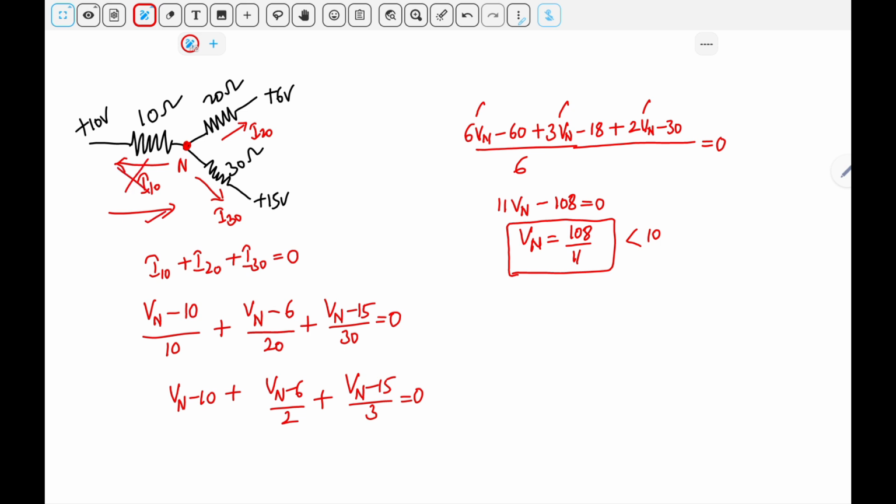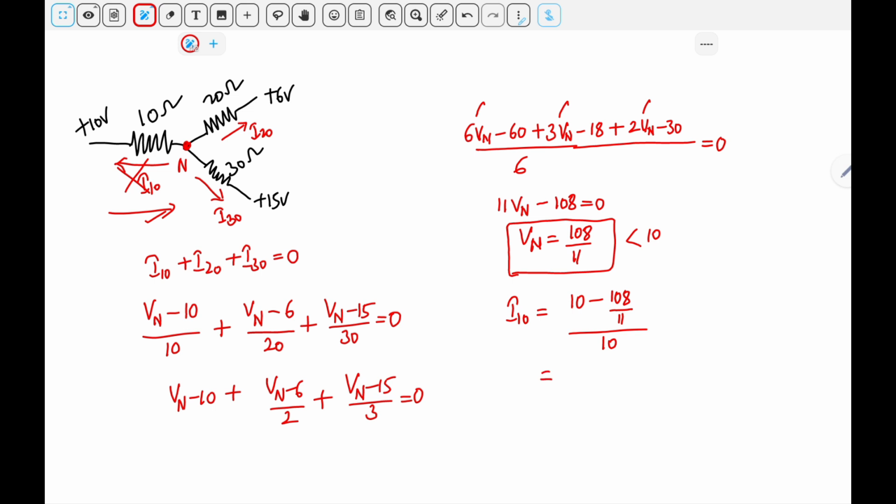Now what is the current through 10 ohm? Because 10 is greater than 108 by 11, it is (10 minus 108 by 11) by 10. The numerator is the difference between the two potentials, and the denominator is the resistance.